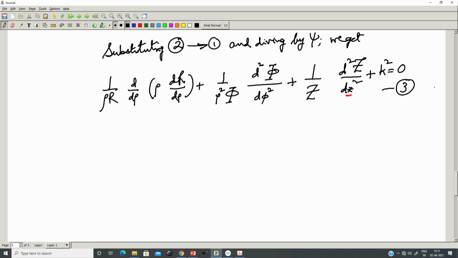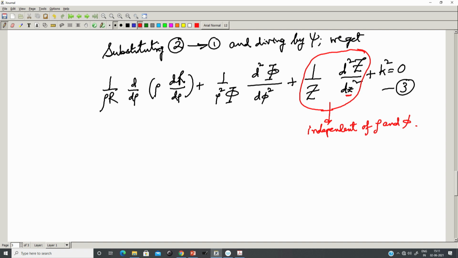So, we note that the third term is independent of rho and phi. It is a function only of small z, because capital Z is a function of small z only.